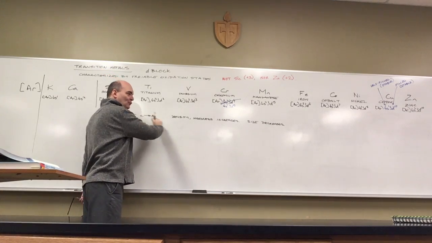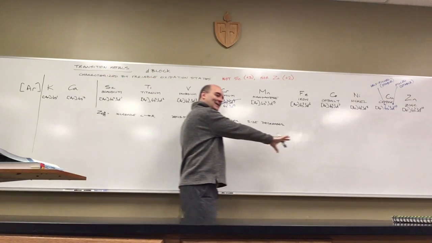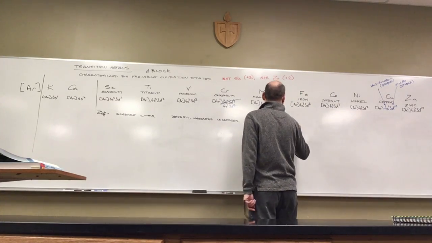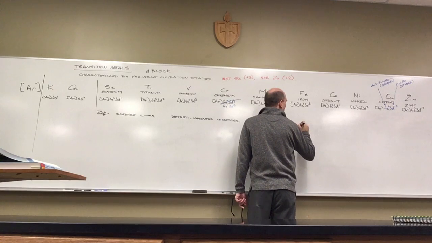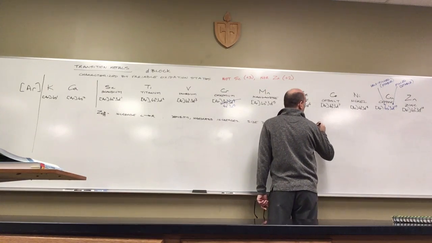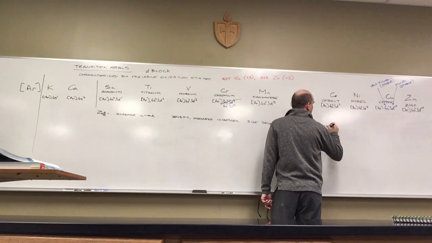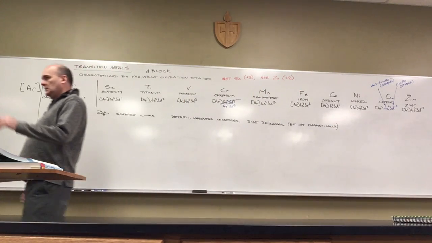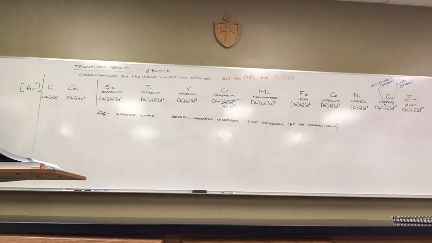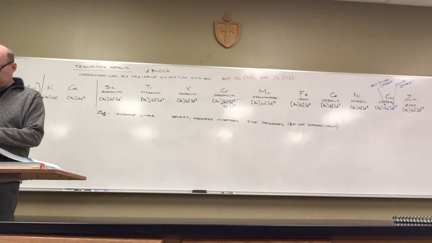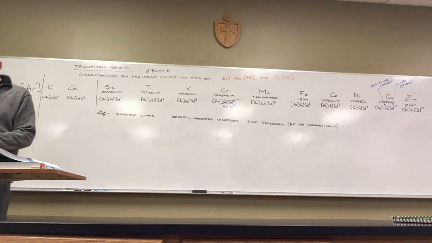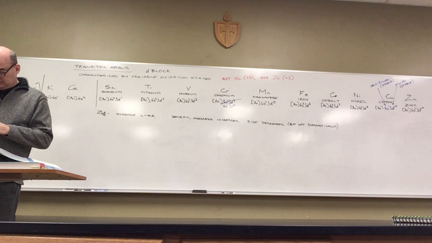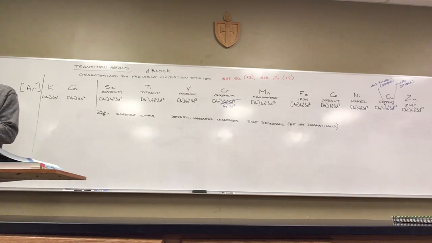Group 1 and group 2 really got dramatically smaller, then it tapered off a bit. So yes, the metals on the right are harder, denser, and smaller than the atoms on the left, but nothing to write home about.